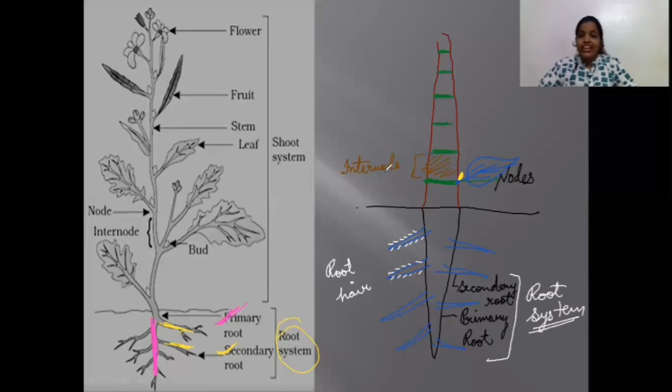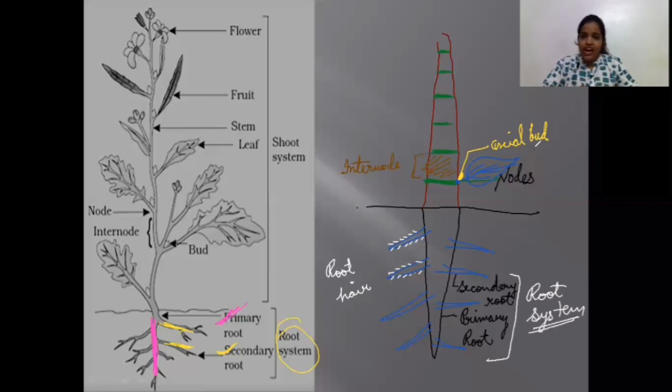In NCERT, they have given a bit complicated line from which the students get confused. Remember, leaves are not formed from the axillary bud. They have axillary buds on their axil.